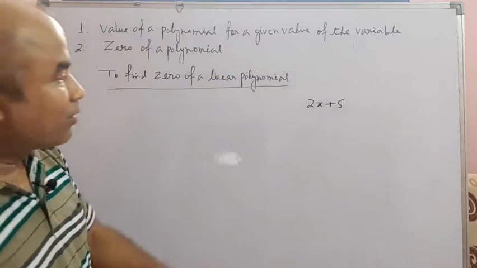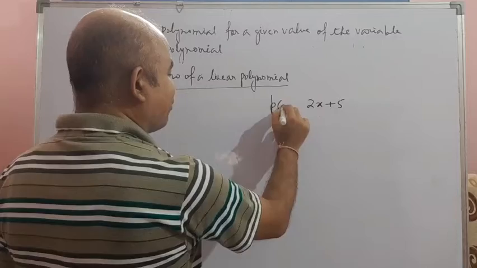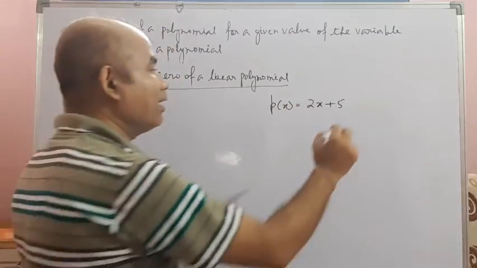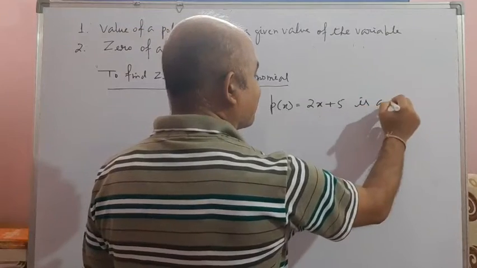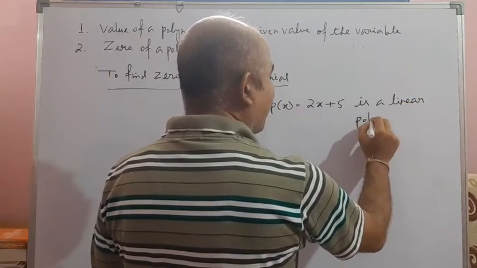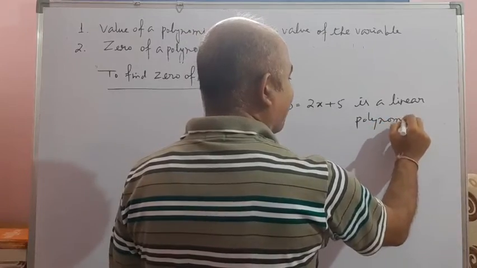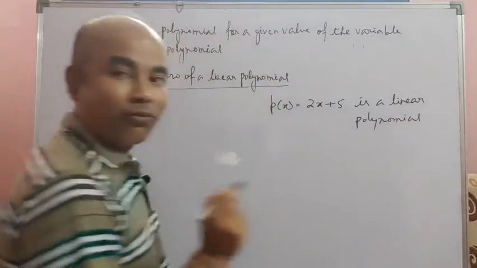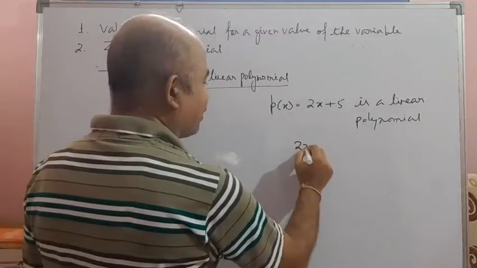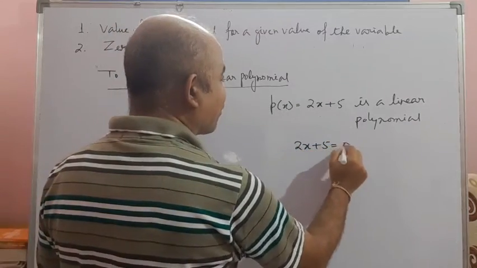Suppose it is the polynomial p(x). Here the highest power of x is 1, so it is a linear polynomial. Now how to find the zero of this polynomial? For that there are two processes. One process is this: you take the polynomial equal to 0.